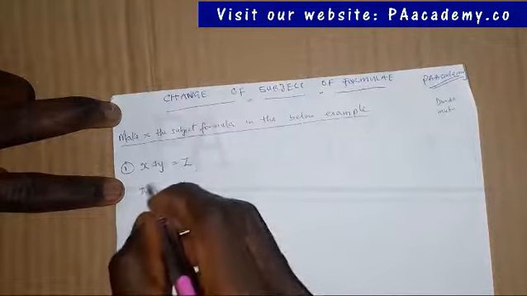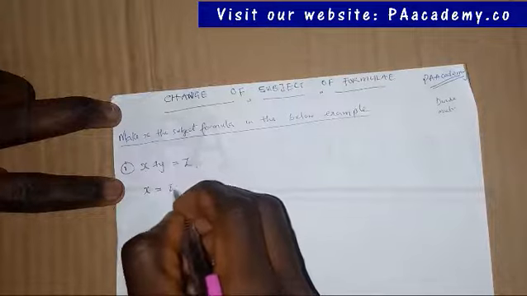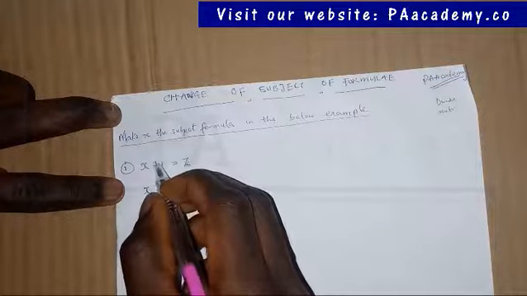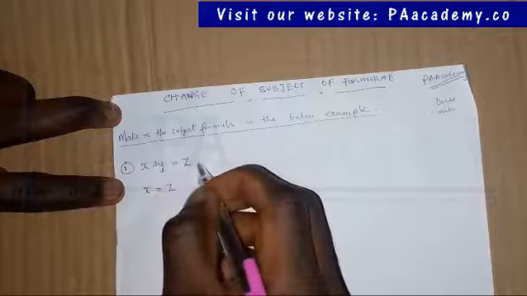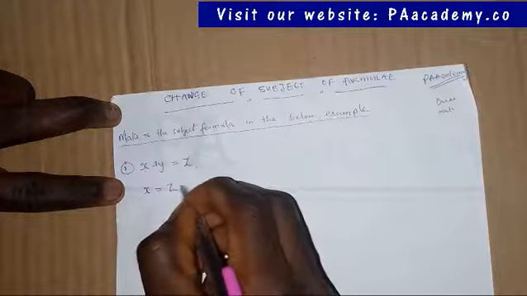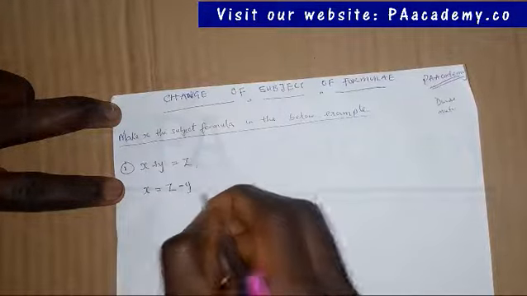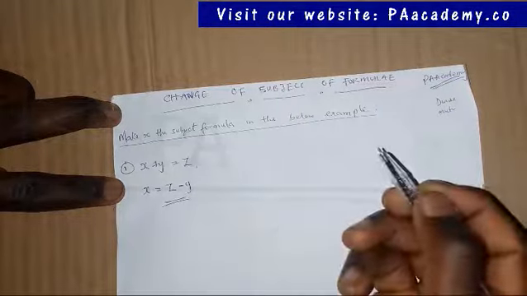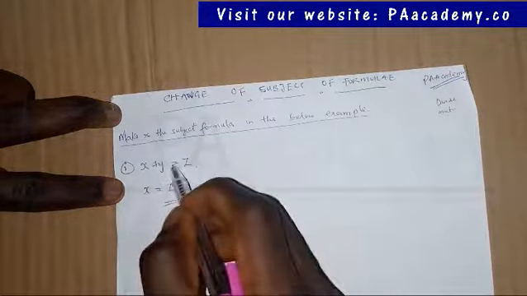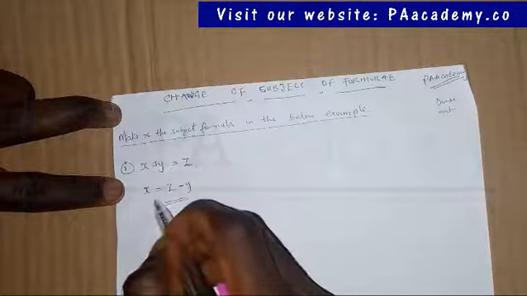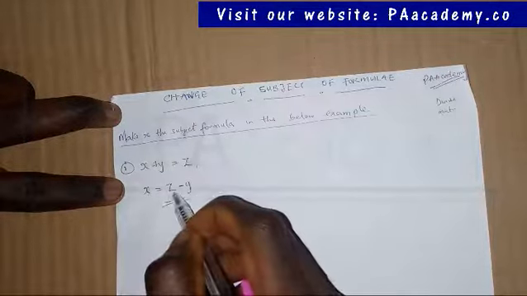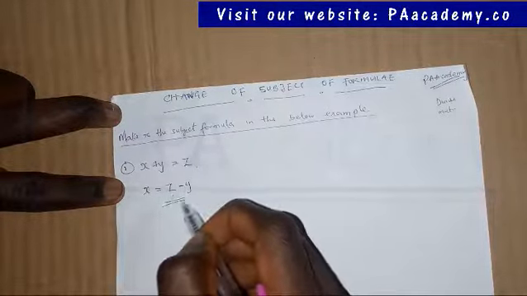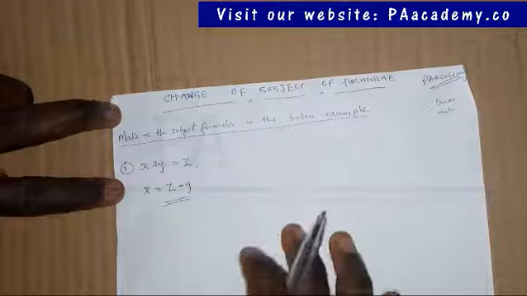So you're going to have x is equal to z, and if you move this plus y to the other side of the equals sign, it becomes minus y. And we've answered the question already. So making x the subject of the formula, you're going to have x is equal to z minus y. This is a very simple one and I hope you got that.